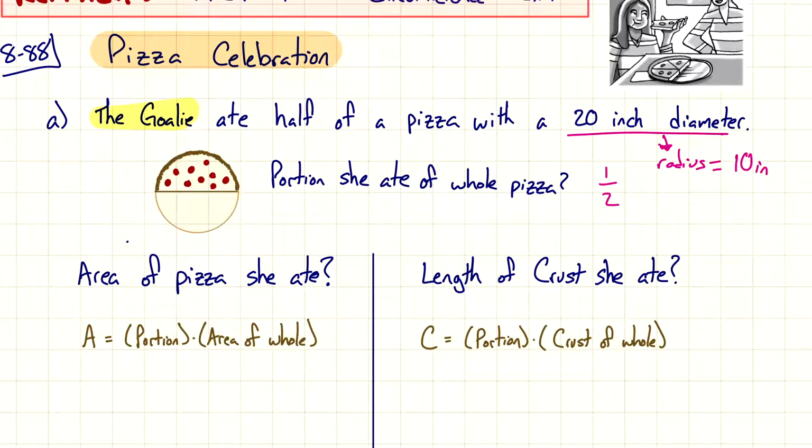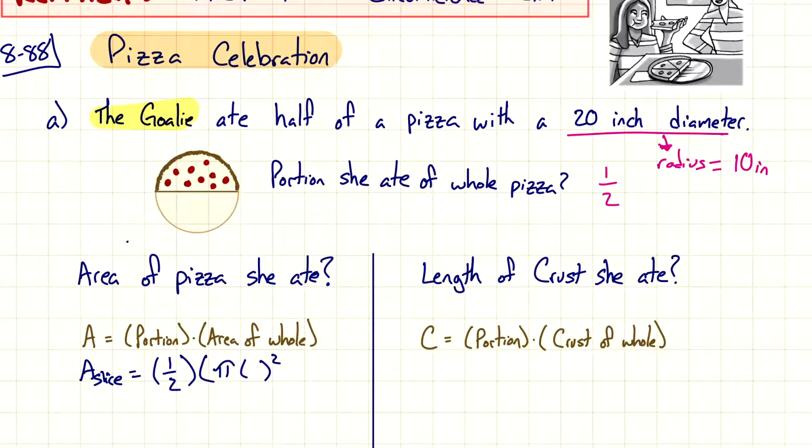So area, right, which is really the area of the slice. I'll put slice. So we're going to start with a portion, which we said was 1/2. So we're going to have 1/2 times the area of the whole pizza. So the area, our formula, if you remember, was pi r squared.